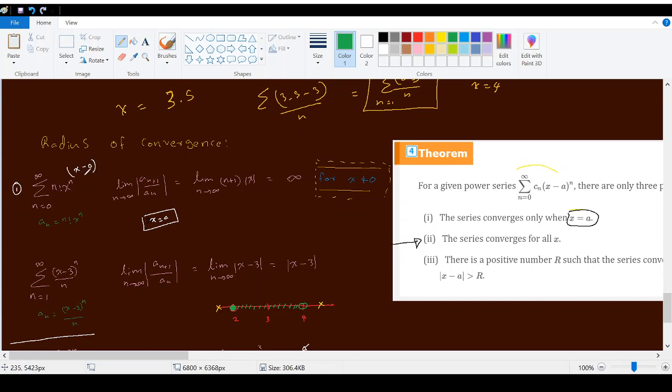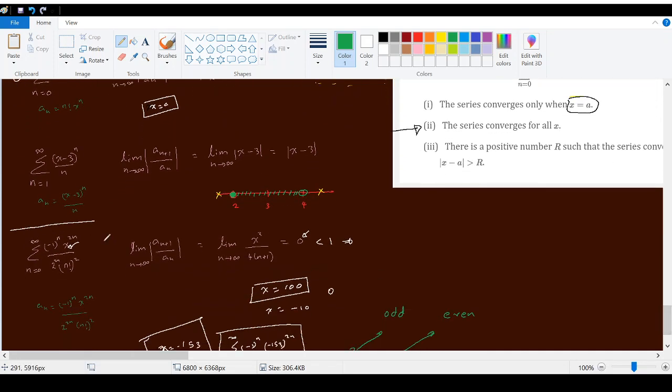And at 0, if you use 0 as the number, then you will get a finite answer and it will be a converging series, right? And here also, if you substitute the center point, then again it is 0, but not only for the center point, for any value in the real axis, it will converge, right?